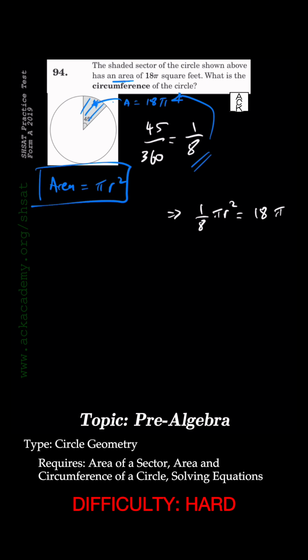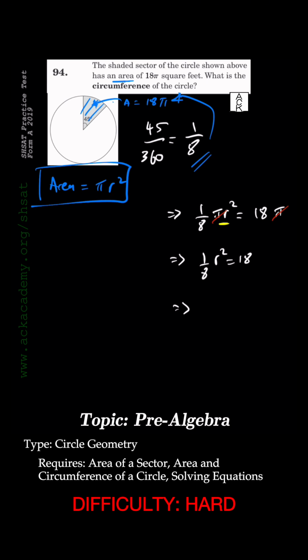And then from here, we can figure out what this radius is. First thing to note, the pi's can be removed. We can put 1/8 r squared equals 18.